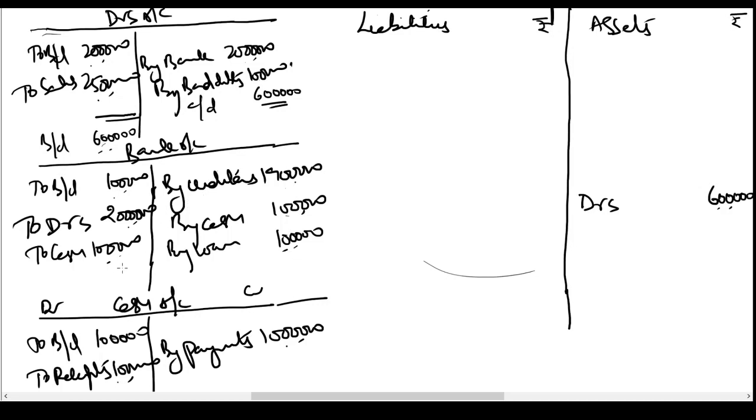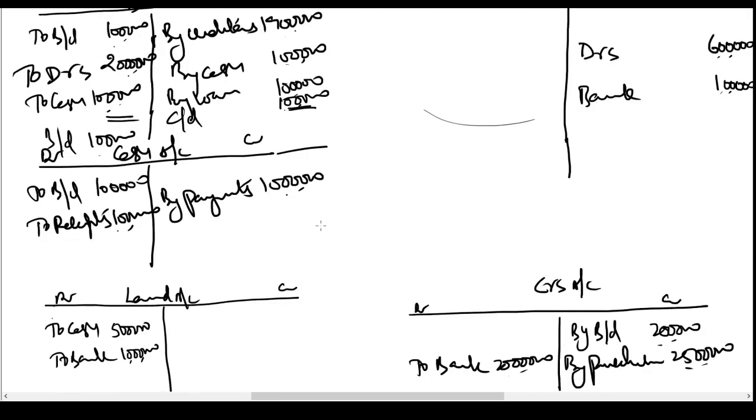So I just simply write it on the debit side, brought down 1 lakh, carried down 1 lakh on the credit side. So there is a balance of 1 lakh rupees. Where do I show it? The balance is shown in the balance sheet asset side. It is an asset for the business, that is why it is shown on the asset side, 1 lakh.